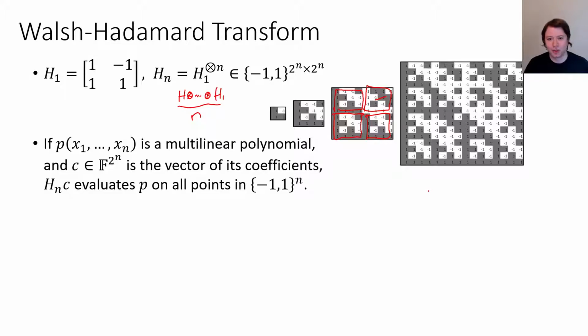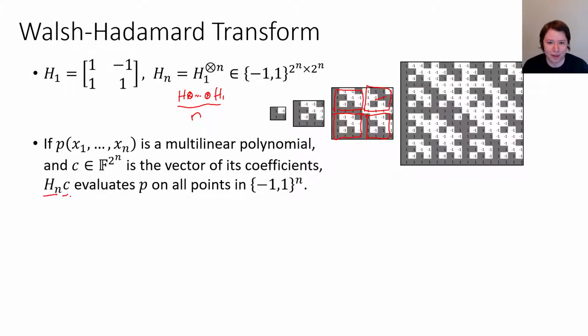It might have up to 2^n monomials, so you make its vector of length 2^n of all of the coefficients of the polynomial. Then multiplying the Walsh-Hadamard transform times that vector evaluates the polynomial on all points in {-1, 1}^n. So it evaluates a polynomial on all the points in the Boolean hypercube. This is the Fourier transform for the Boolean hypercube that you might have seen before.